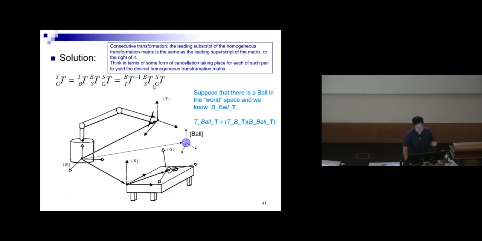So you have to think in terms of some form of cancellation taking place for each such pair to give you the desired homogeneous transformation matrix. In this case, this is a simple one because you basically have one manipulator and a table in this manner. You may have more objects than this.